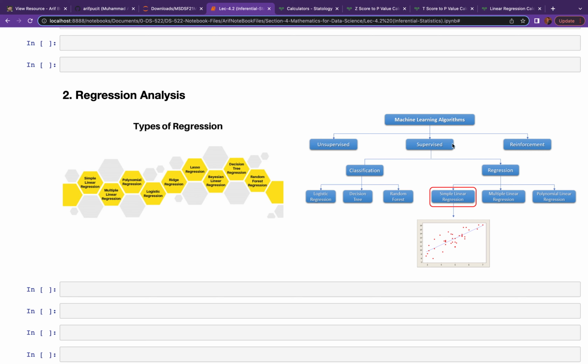The two main categories of supervised machine learning algorithms are classification algorithms and regression algorithms. Well, these classification algorithms, as the name suggests, are used to classify the data into one of the predetermined categories, for example, filtering emails to spam or ham.